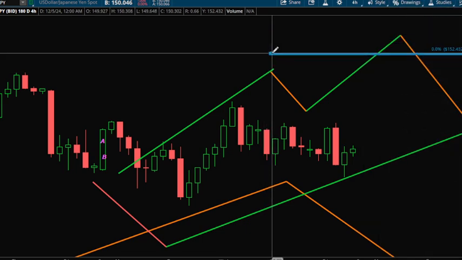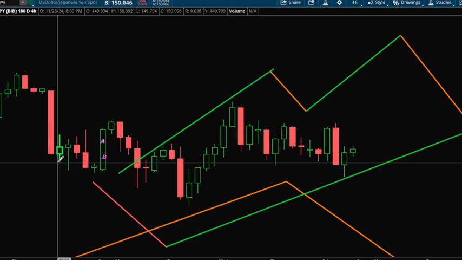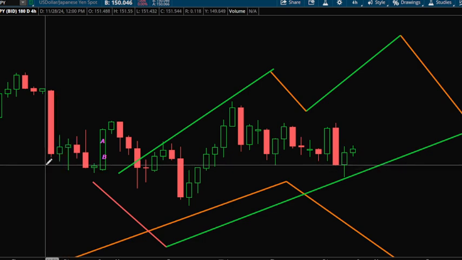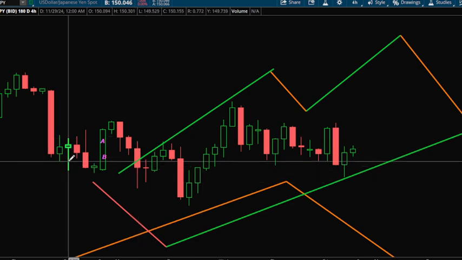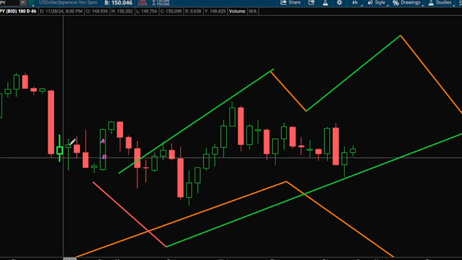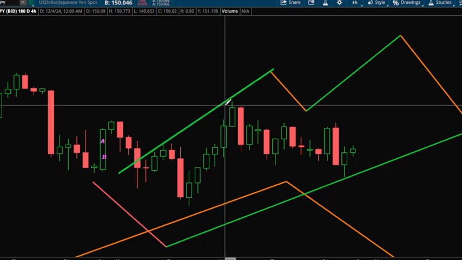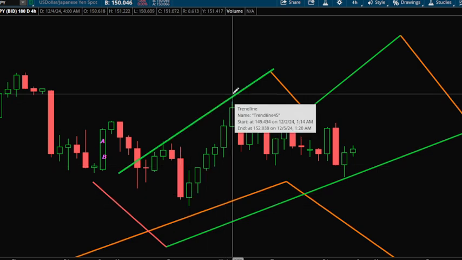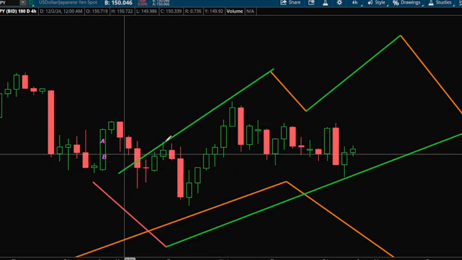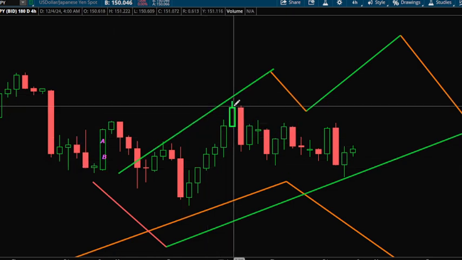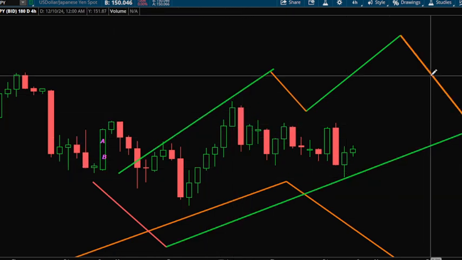Then it finished its leg down. So then we just had to move up in 3, down in 3, and up in 5 for an expanding flat. And looks like we got it. 1, 2, 3 for A, 1, 2, 3 for B, and then 5 for C. So this would all be one leg A. Now we're looking for B, and then a leg C up higher.